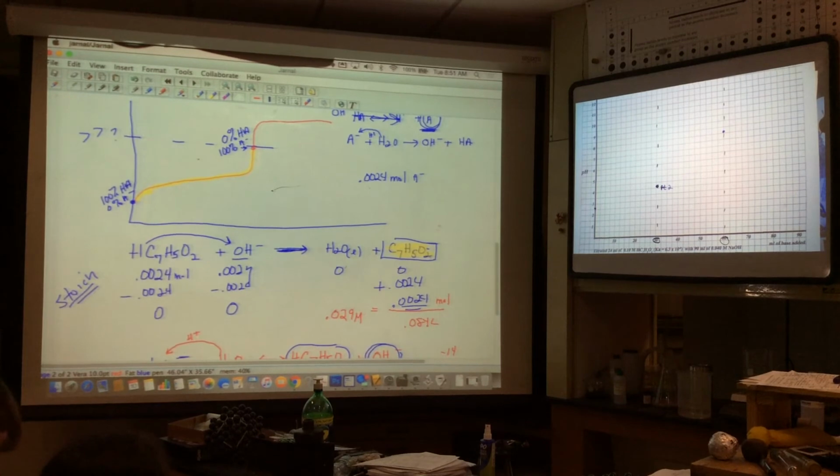What we do is figure out the total amount of extra stuff beyond the equivalence point. Since we ended at 90, and this we said was 60, there's 30 milliliters extra.